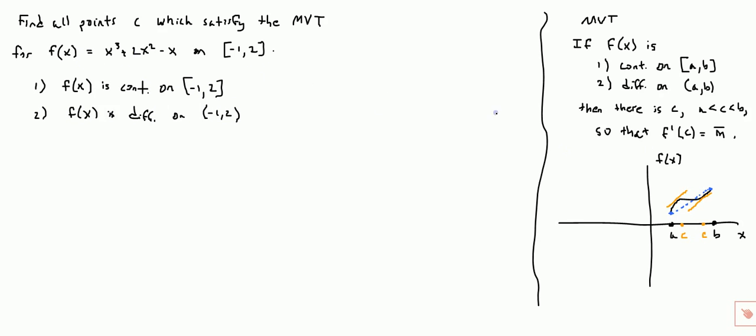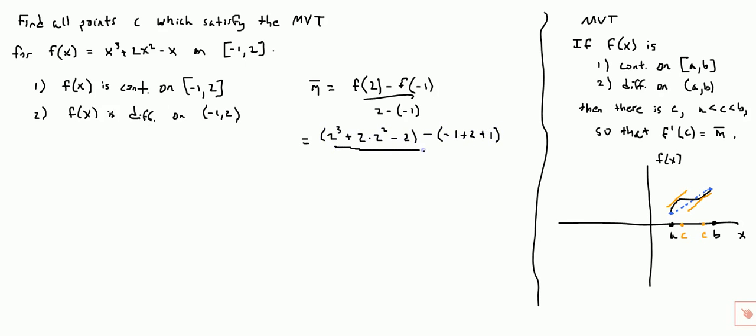So let's find out what that average slope, M bar, is. That's f of 2 minus f of -1, over 2 minus -1. That's how we find the average slope. So that's going to be 2 cubed plus 2 times 2 squared minus 2, minus (-1 plus 2 plus 1), all over 3.